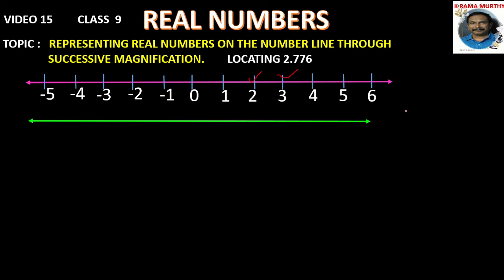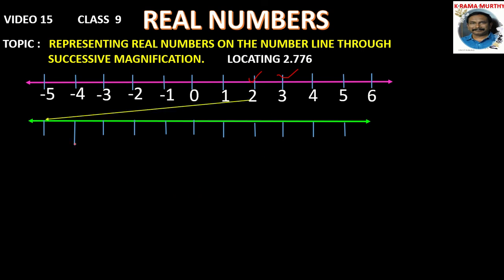So magnify the space between 2 and 3, and that is magnification. When we magnify the space between 2 and 3, it is divided into 10 parts like this. That means the space between 2 and 3 is magnified and divided into 10 parts.